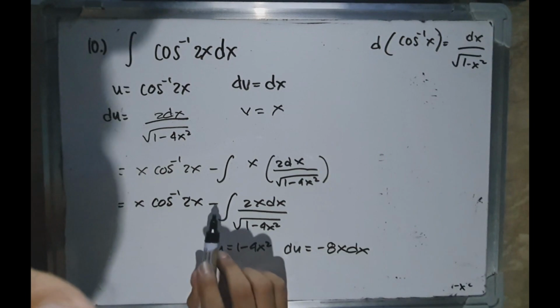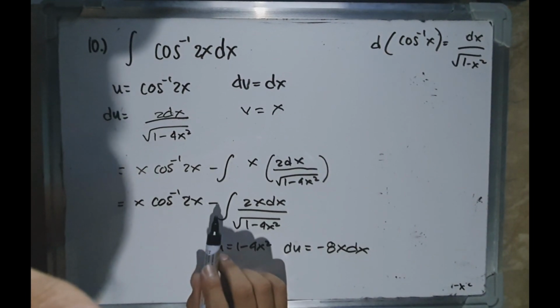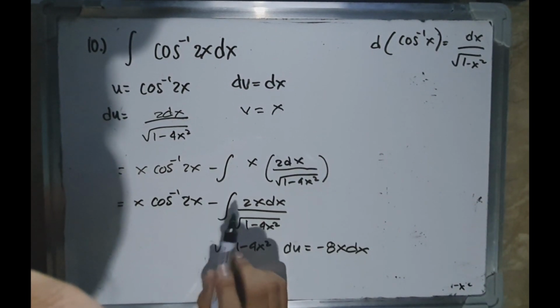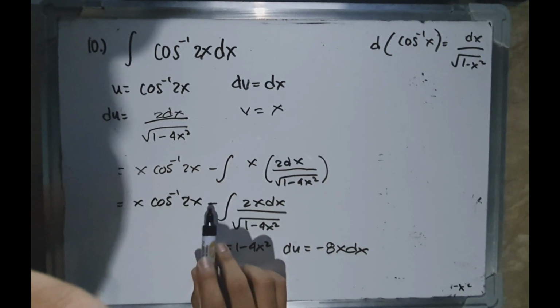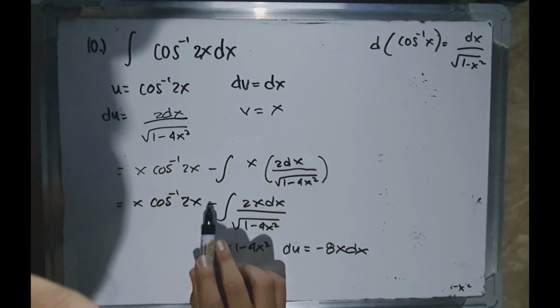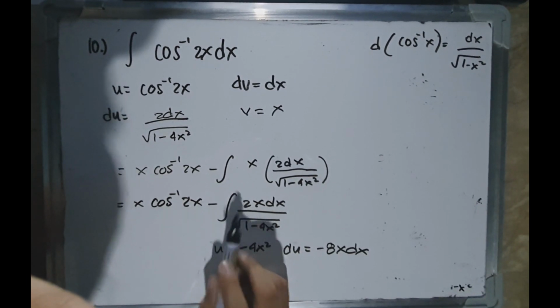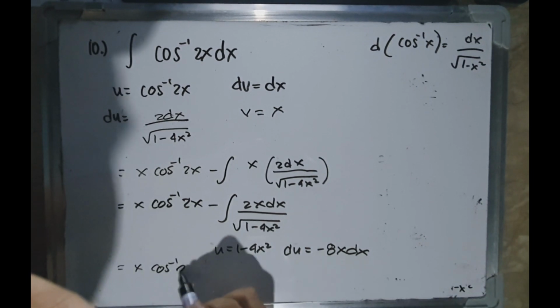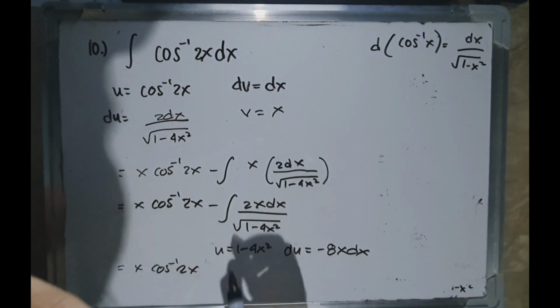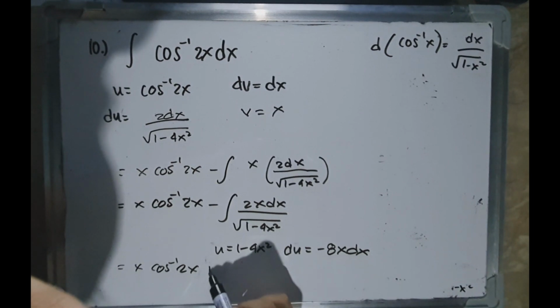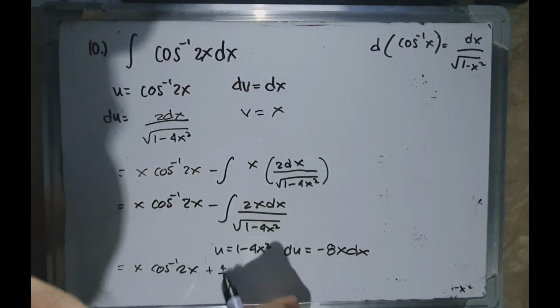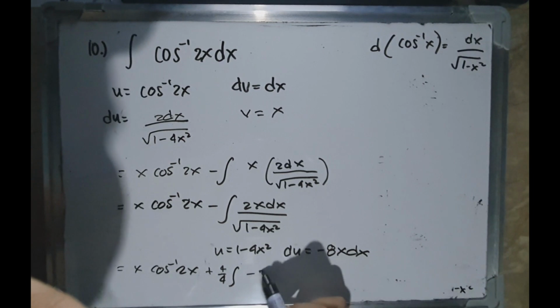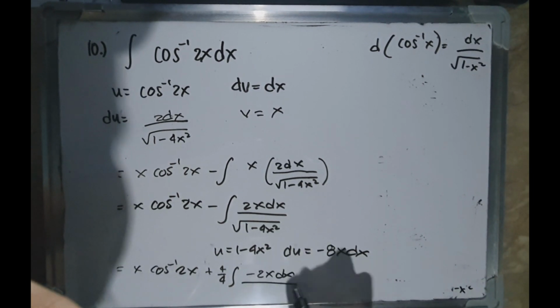Okay, so if we multiply both sides with negative 4 over negative 4, or if we place this negative inside, we'll be converting this one into plus. We only need 4. Arccos 2x, we have positive 4 over 4 integral of negative 2x dx over the square root of 1 minus 4x squared.